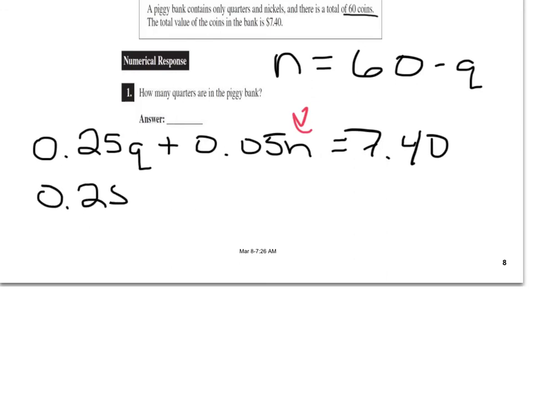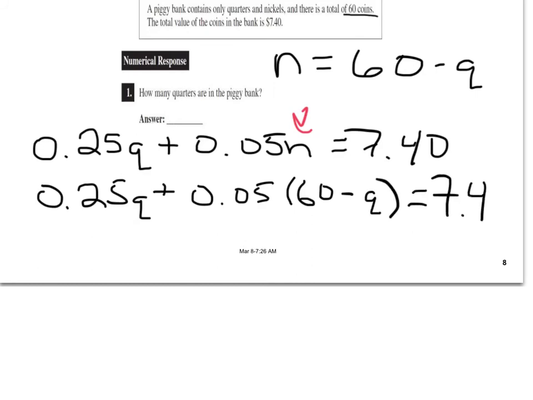So this becomes 0.25 times q plus 0.05 in brackets 60 minus q, still equaling $7.40. Now all we have left is q representing quarters and no more nickels, so now we can actually go through and solve it to find how many quarters are in the piggy bank.